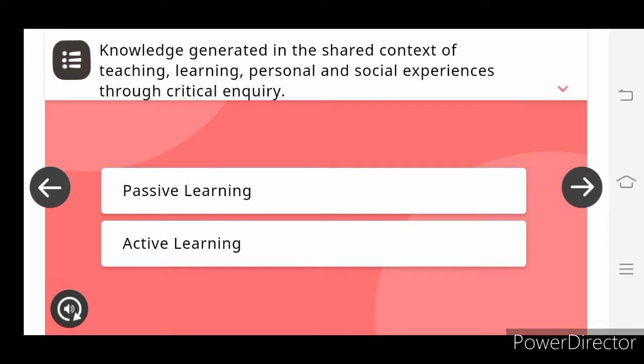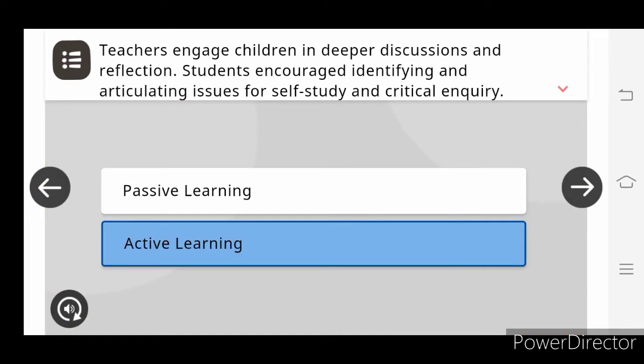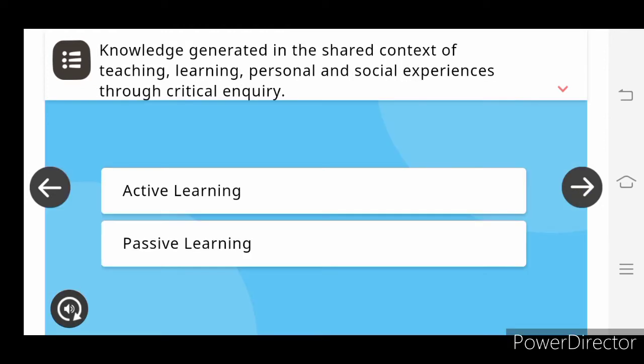The next is: teacher engages children. It is active learning, right? So knowledge is generated in the shared context of teaching, learning, personal and social experiences through critical inquiry.